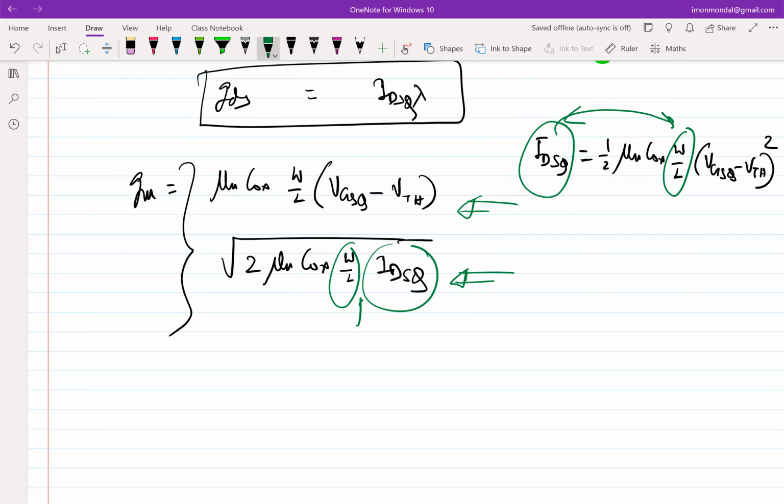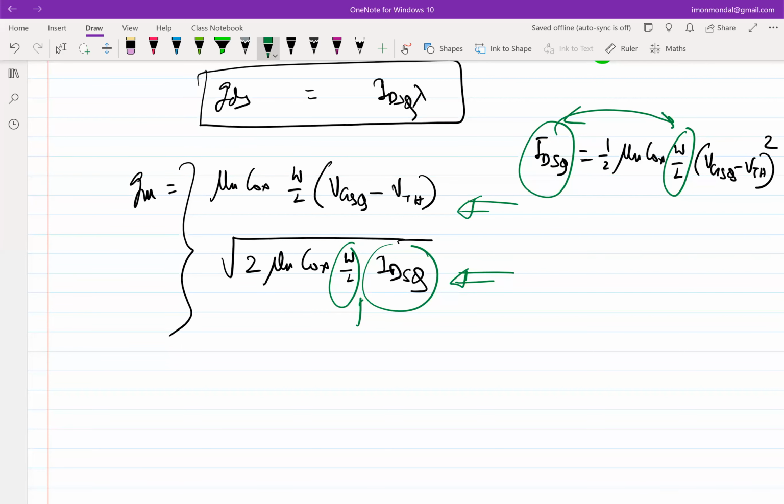So what I'm essentially saying is, let's say I have a current source. Till now, what we have seen is that we have given a voltage between the gate and the source of the transistor, we generated some current, and we did all our calculations based on that. Correct? So let's assume that somehow magically I have fixed the current.